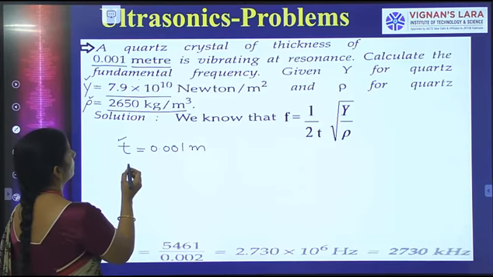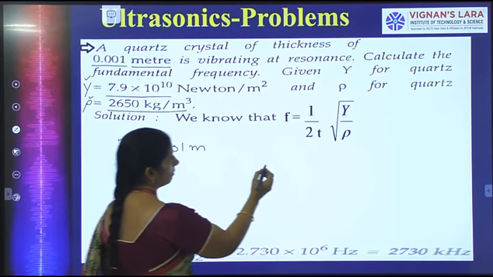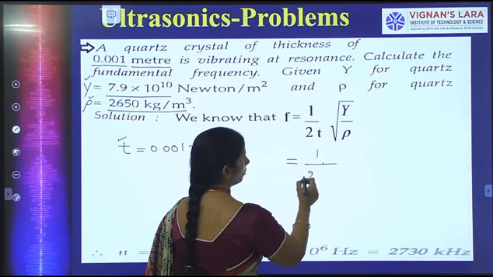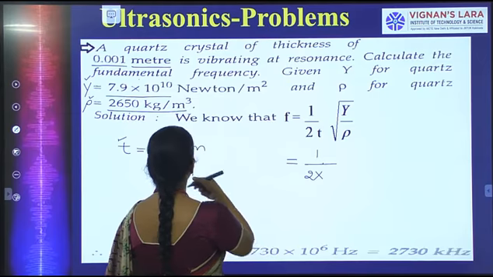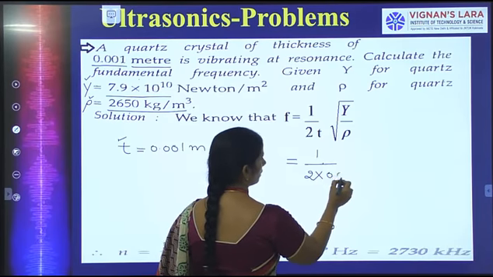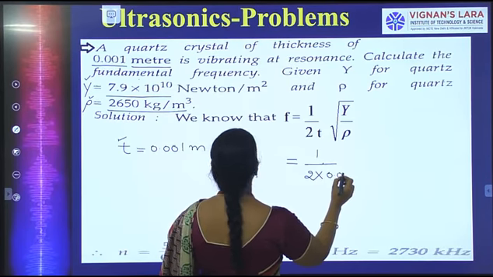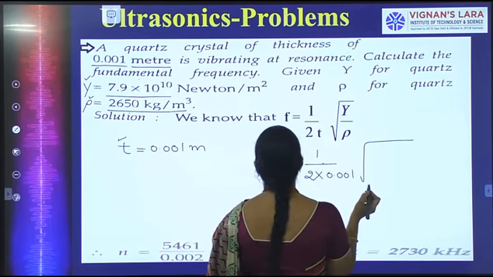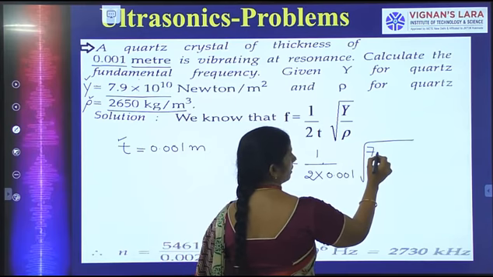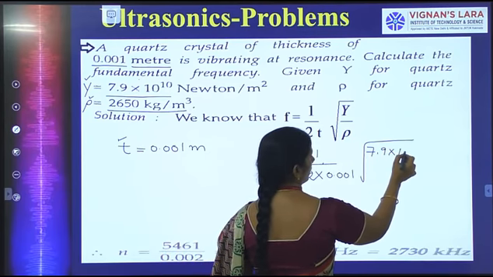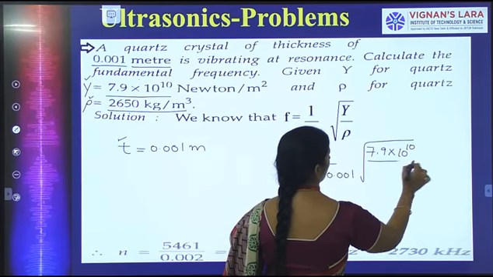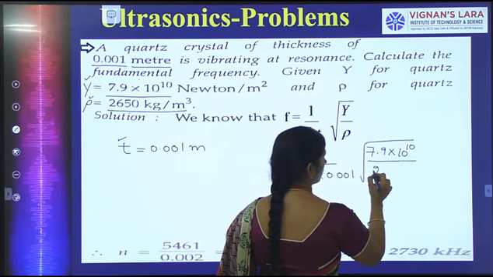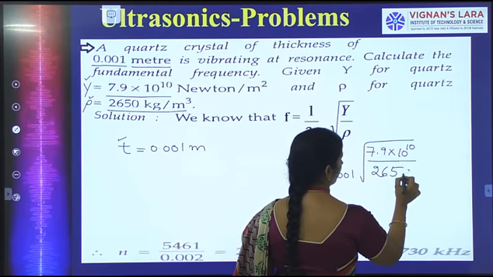F is equal to 1 by 2 into thickness 0.001 into square root of Y by rho, Y is here 7.9 into 10 power 10 by rho 2650.